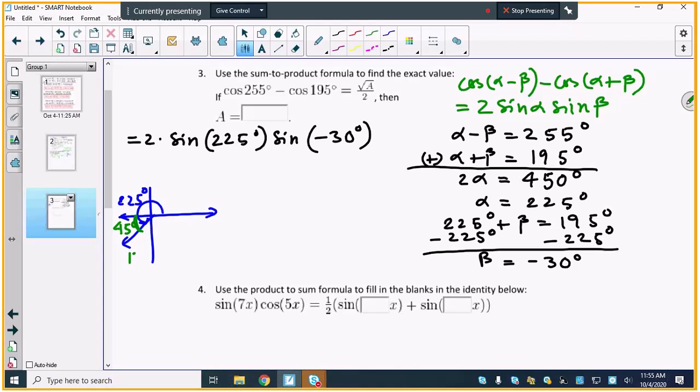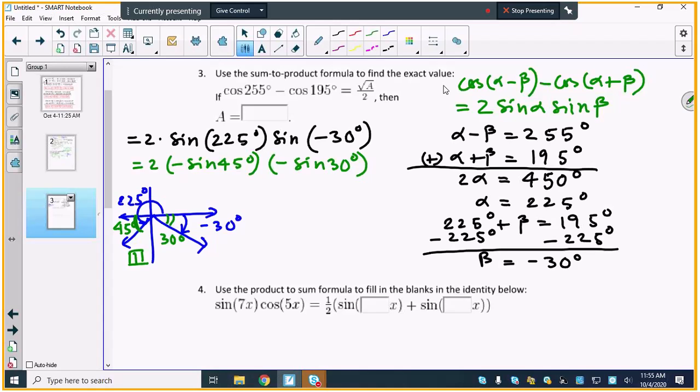And it is in the third quadrant, and sine is negative there, so I will say this is 2 times negative sine 45 degrees. Negative 30 degrees, whereas, is in the fourth quadrant. Again, the reference angle is the angle between the terminal side and the nearest direction of the x-axis, which is 30 degrees. It is in the fourth quadrant and sine is negative there too. So that's minus sine 30 degrees.